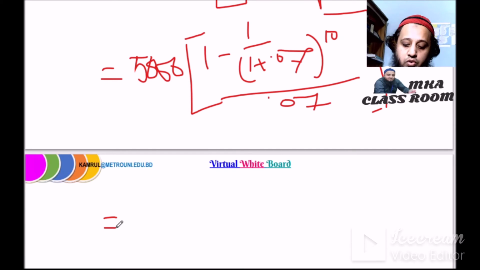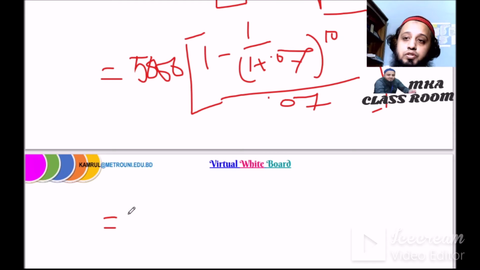Then 1 minus this answer, then the answer divided by 0.07, into 5,000.